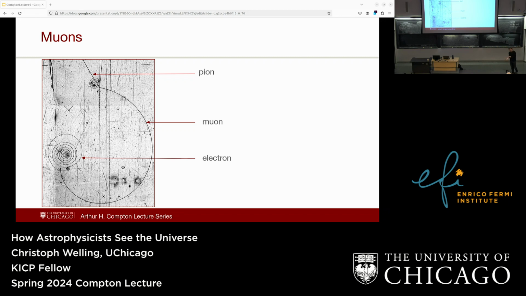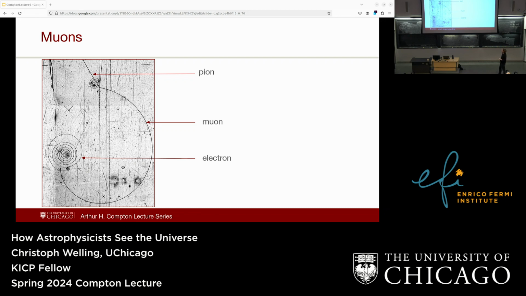Because if you have an accelerator and you smash particles into each other, you actually get a lot of these. Because if you collide, for example, two protons, one of the most common particles you're going to get is something called a pion. And they come in two varieties. There's charged ones and there's neutral ones. If you have a charged one, then what's going to happen is it's going to decay into a muon. And then this muon is going to also eventually decay, but at high enough energies, these can actually make it to the ground.